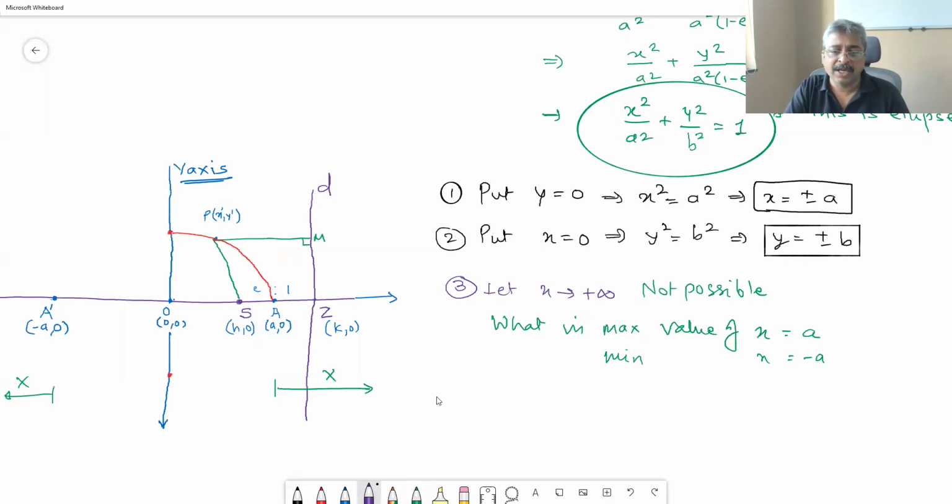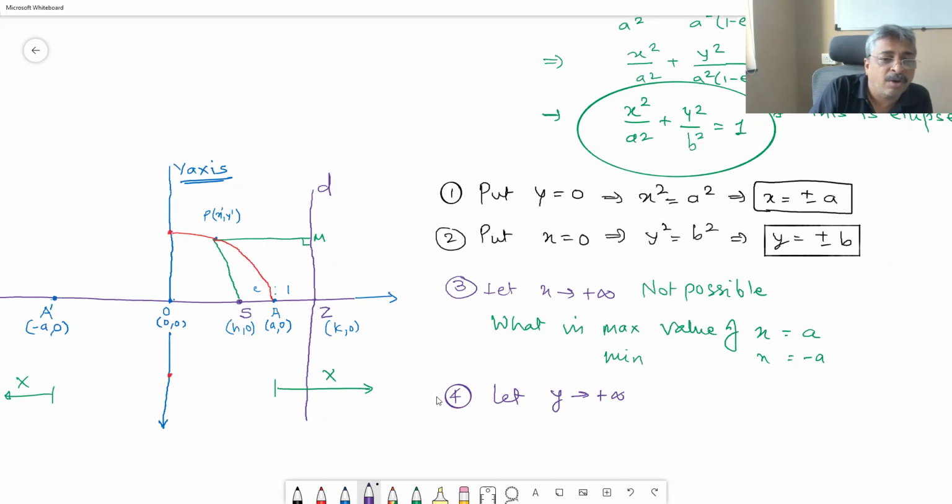Similarly, we can analyze for y, and we realize, let y tend to infinity. Now of course, if it was giving you some result, you should have taken x also to negative infinity, y also to negative. But we come to know immediately that the extent of this curve is not much and it is closed.